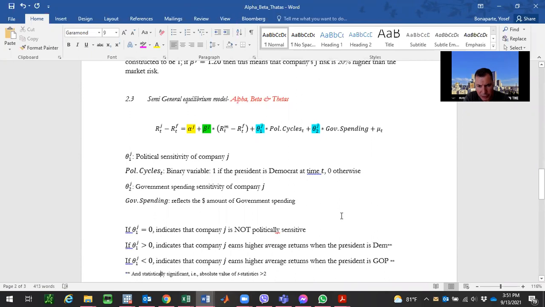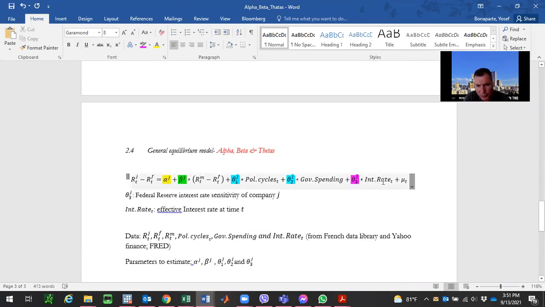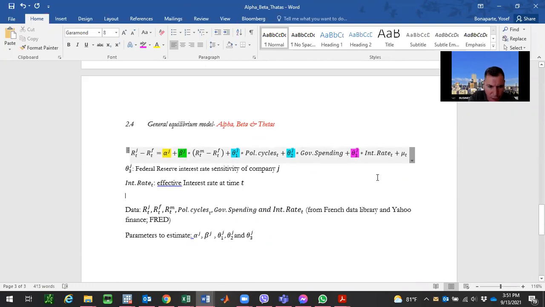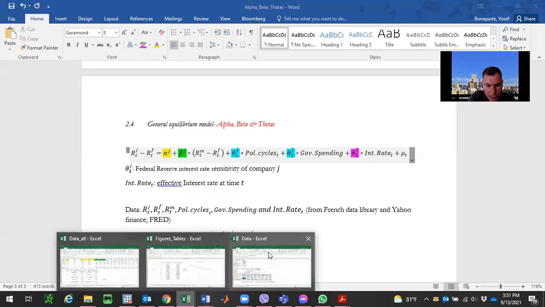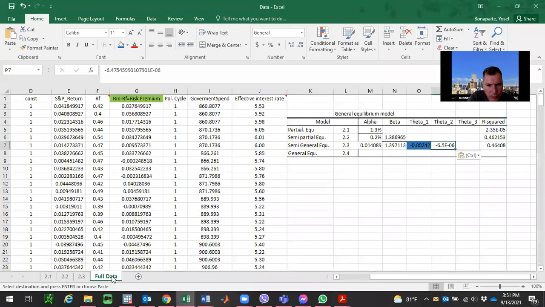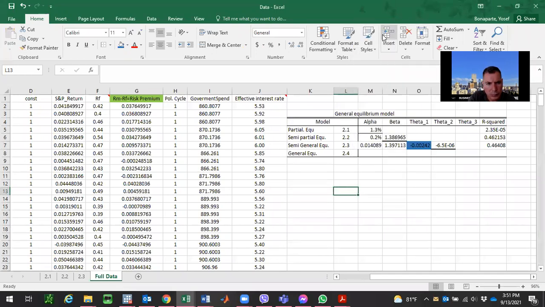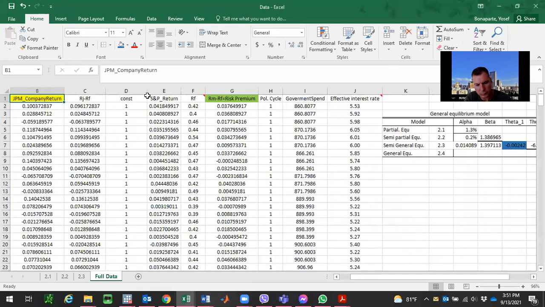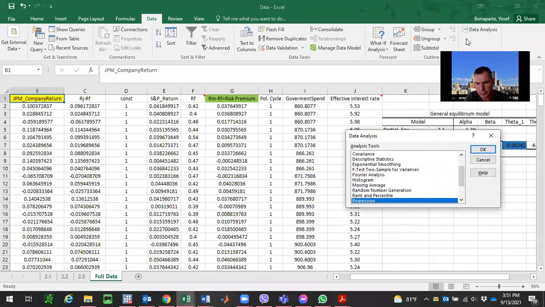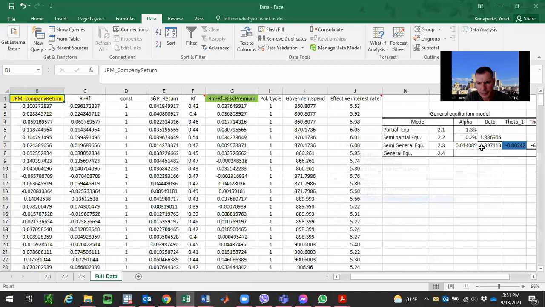Now the last thing is the Federal Reserve. Now we're going to add the Federal Reserve that oversees everything, the parent of all these players. So we're going to add the interest rate. We go again to data, regression, the same way.